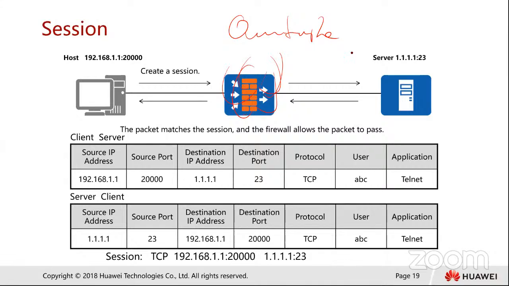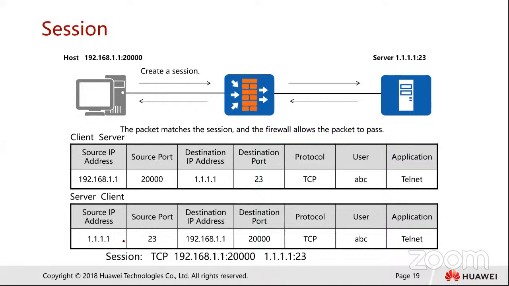And the next generation firewall extends the quintuple with two more elements. It adds on user data and also adds on application data. So as they're storing data in our session table, we go ahead and store the user data and also the application data.